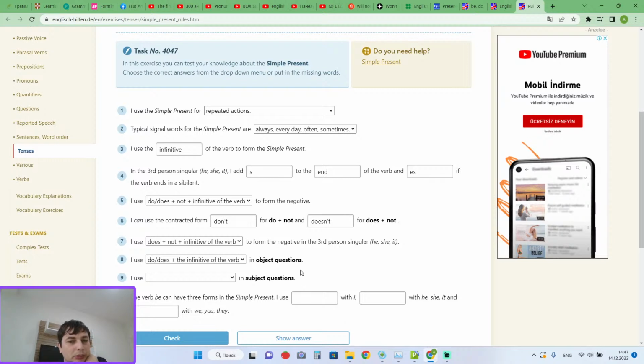Object question and subject, who? I don't know.